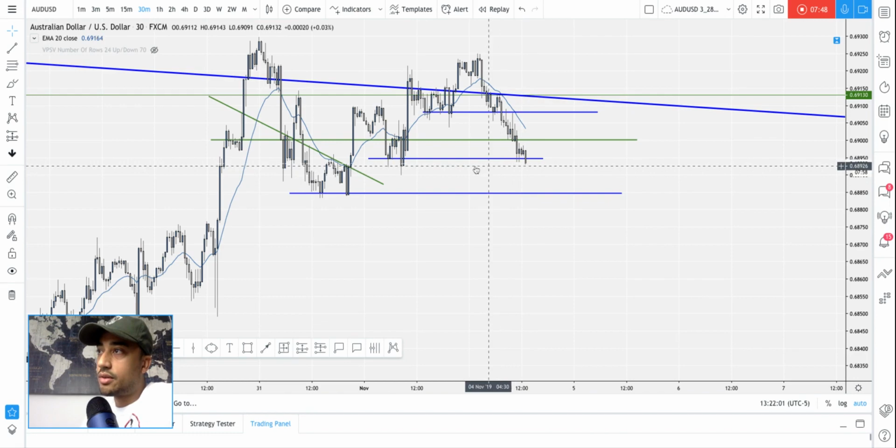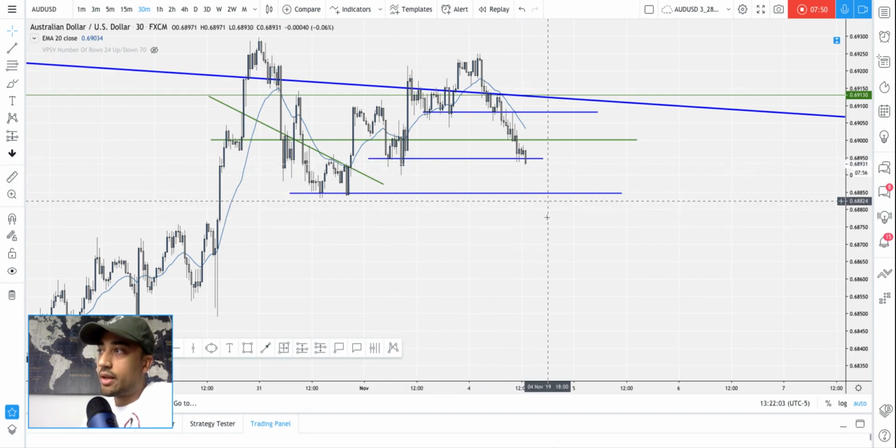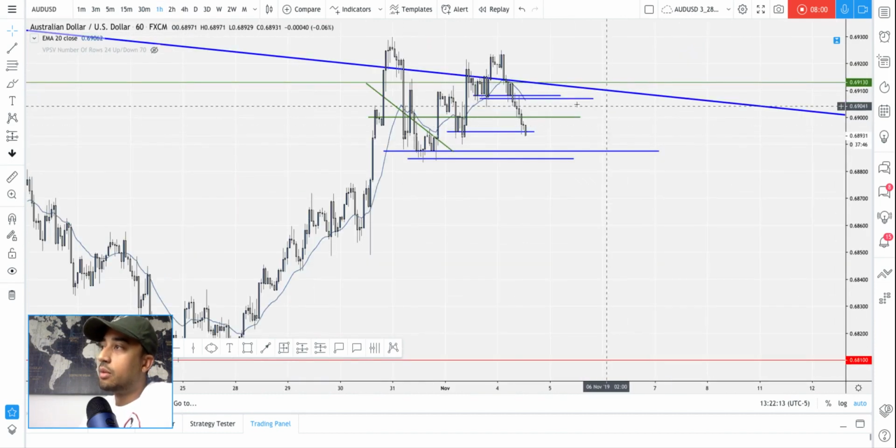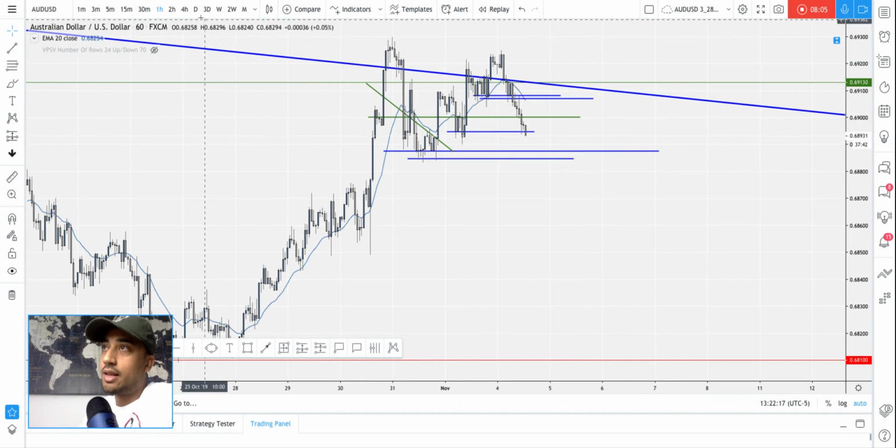But we're looking for a full candle to close under this level of support. Then after that, we're going to have a retrace, and once we have that retrace, what you're going to be looking for, most likely in the H1 time frame, is a bearish engulfing pattern that's going to form for the continuation to the downside.